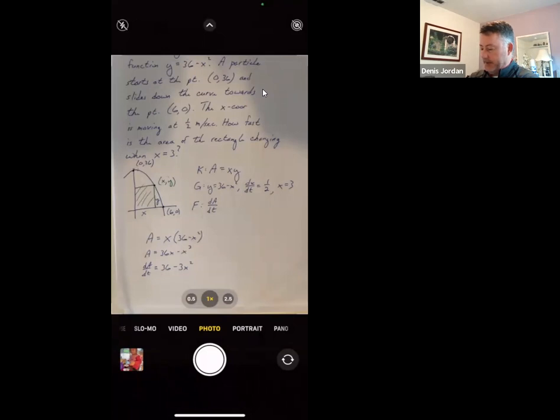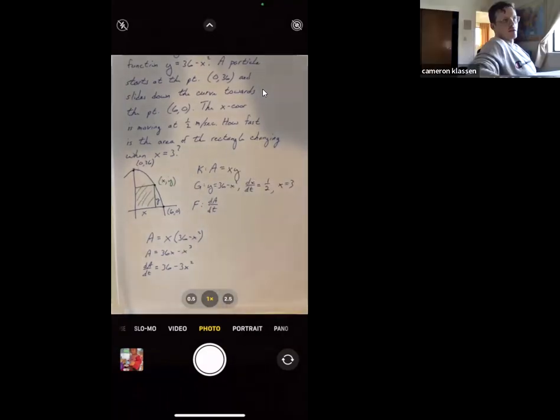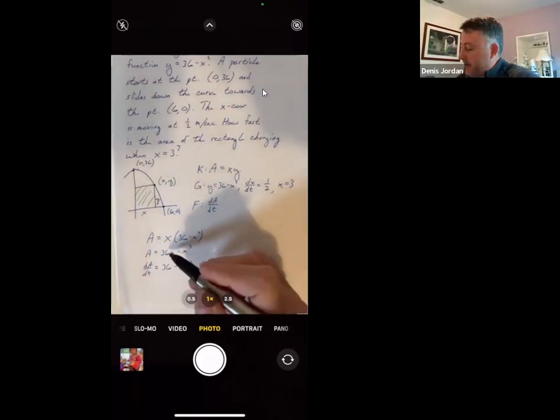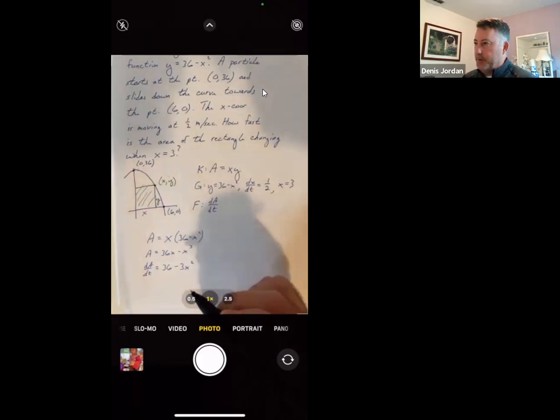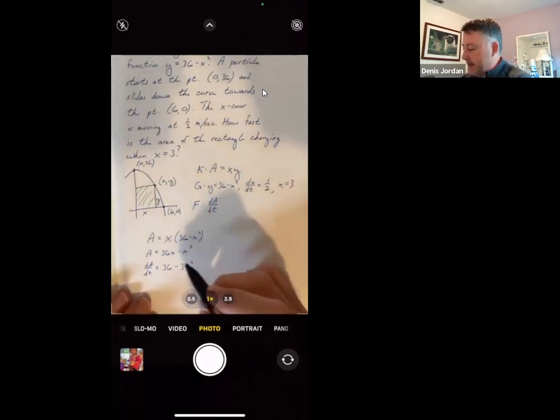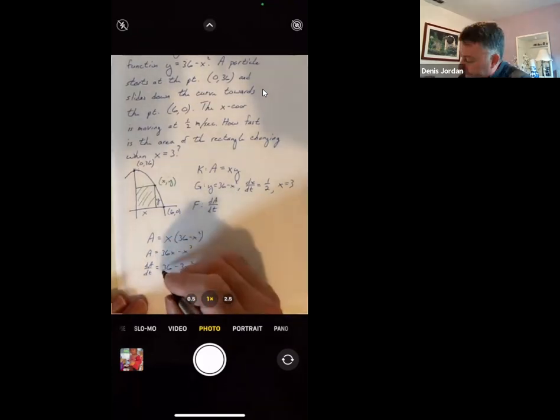And we're missing something: dx/dt. Because with these problems, anytime you took the derivative of a variable, you had to multiply by d of that variable over dt, so dx/dt.